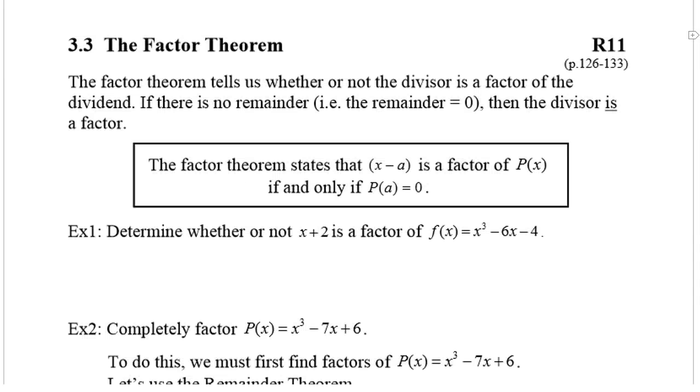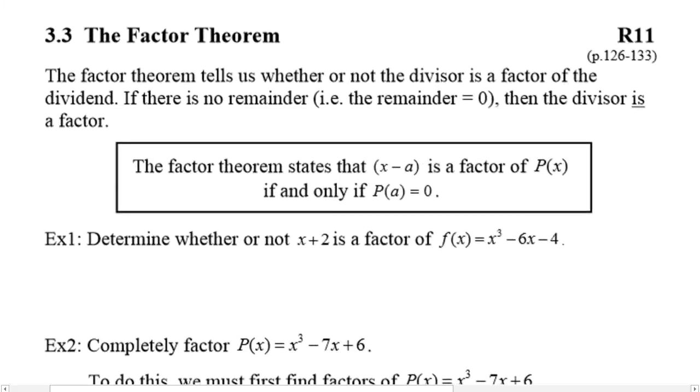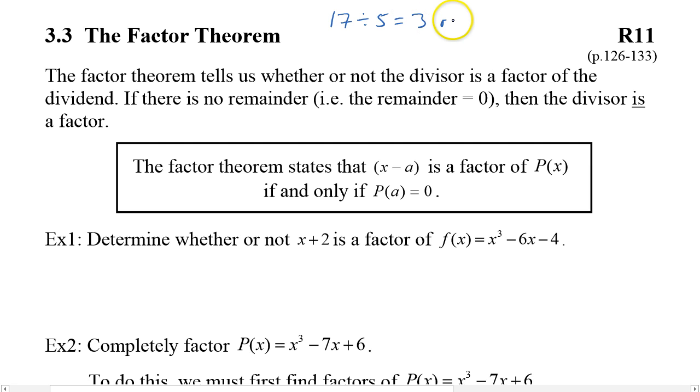So now, looking over today, it says the factor theorem tells us whether or not the divisor is a factor of the dividend if there is no remainder. Well, what are factors? Let's remember, if I asked what's 17 divided by 5, we would get 3 with a remainder of 2.